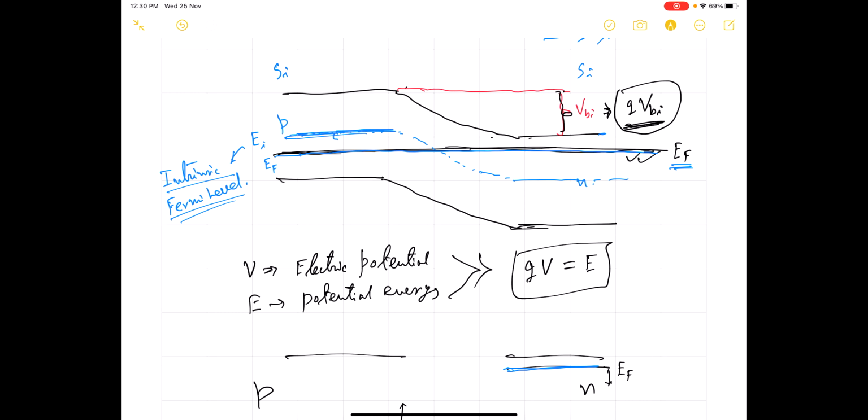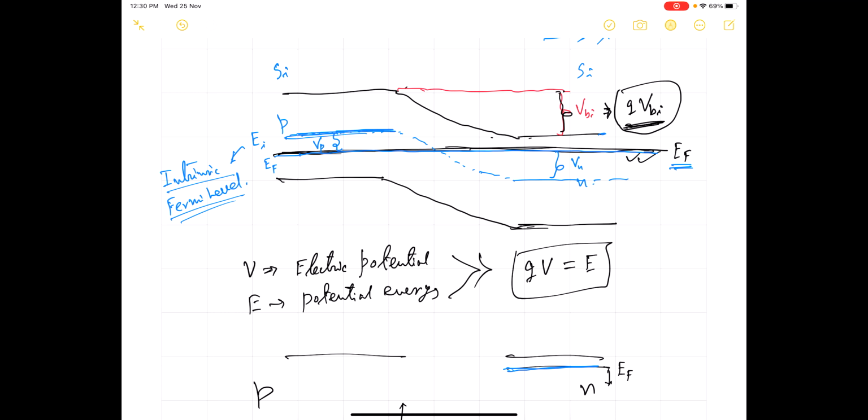So this is the net potential which has been generated because of the doping in the p type, whereas this is the potential which is generated in the n type. Let's call this Vn and this Vp.